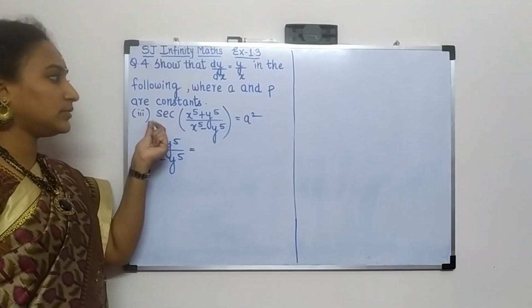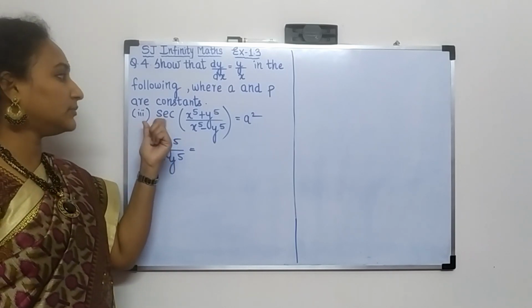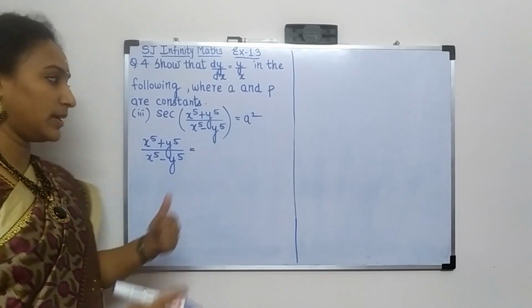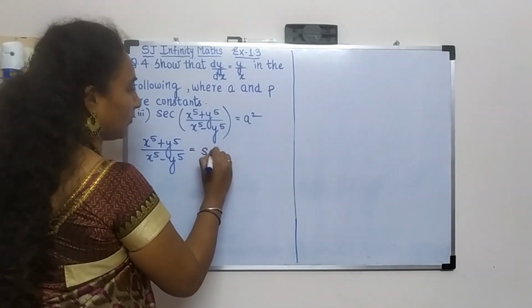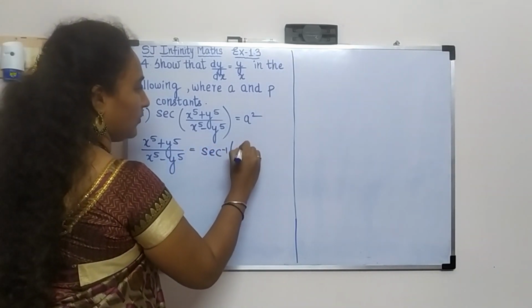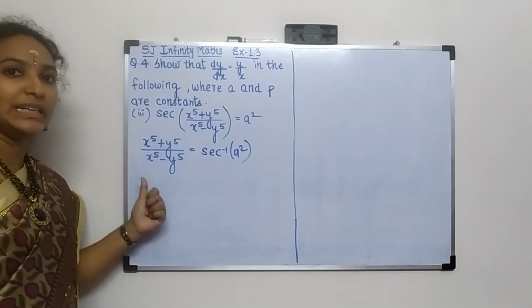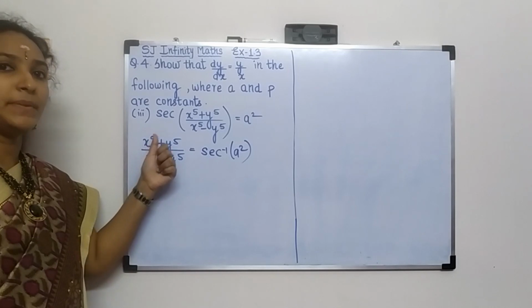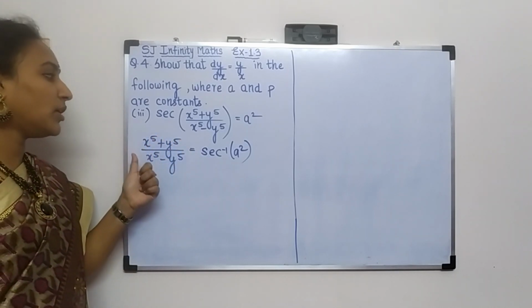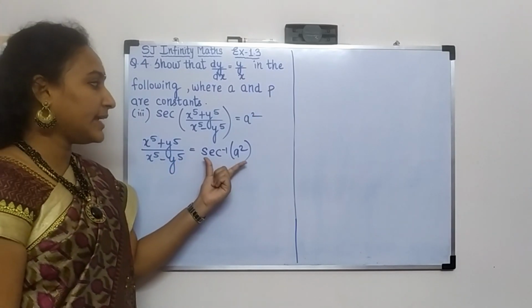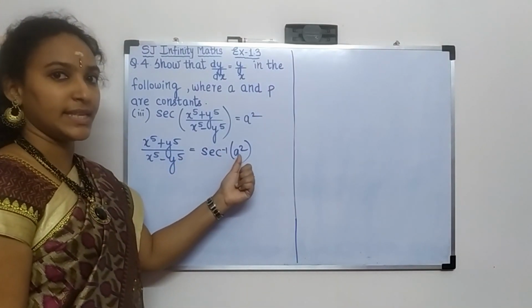When this sec term is taken to the RHS, it becomes sec inverse of a^2. So on the LHS we are left with only (x^5 + y^5)/(x^5 - y^5), and on the RHS we have sec inverse of a^2.